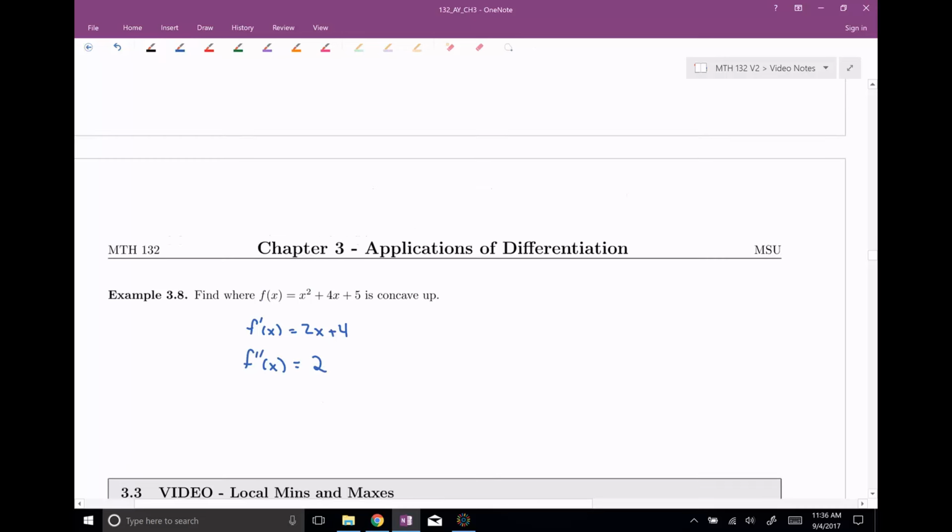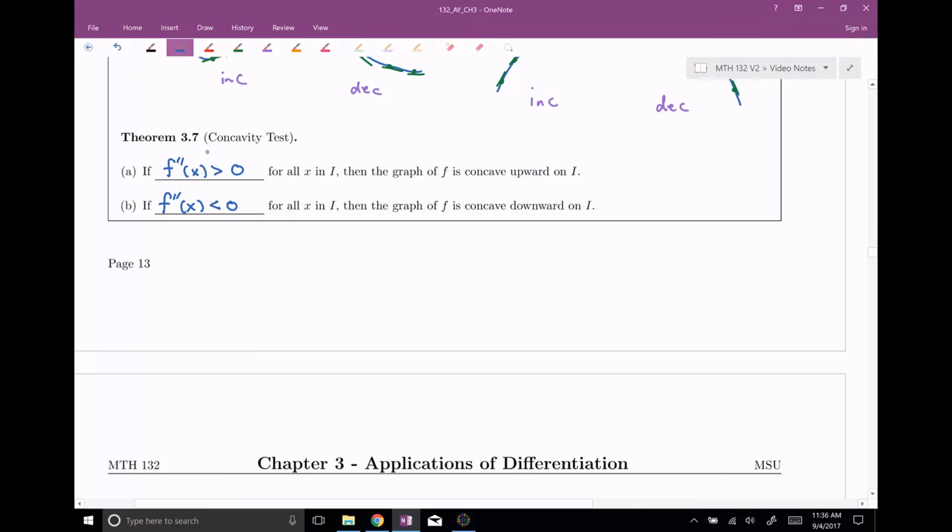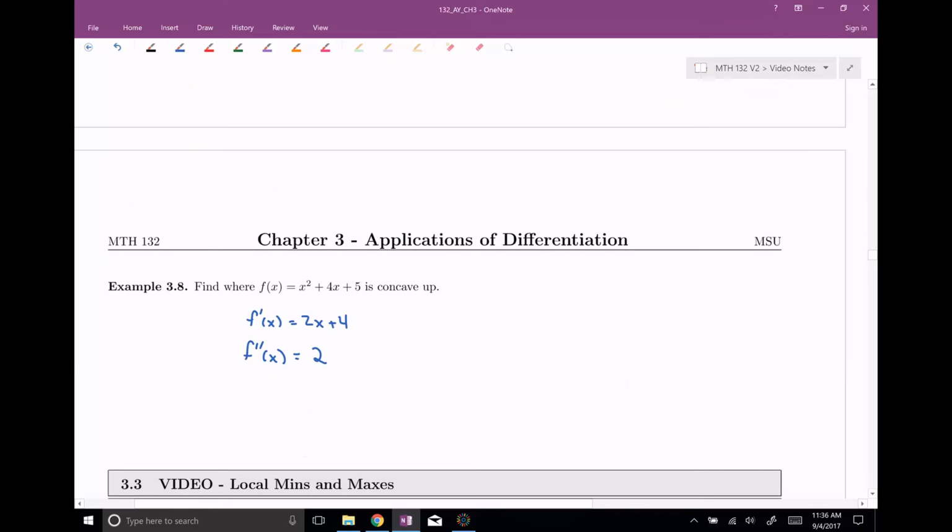And I want to know, when is 2 greater than 0? Well, in this case, there are no more x's left. So the claim is this is always greater than 0, so therefore it's always concave up. So we're going to say in all real numbers, or from negative infinity all the way to infinity, this thing is concave up.